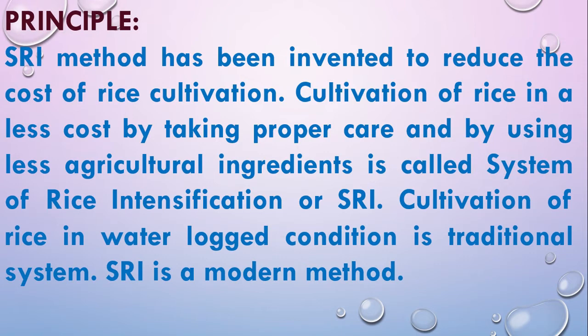SRI stands for system of rice intensification, and this method was invented by Madagascar scientist Father Henri de Laulanié in 1980. In this method, the definition is: cultivation of rice at a lower cost by taking proper care and by using fewer agricultural inputs is called system of rice intensification.